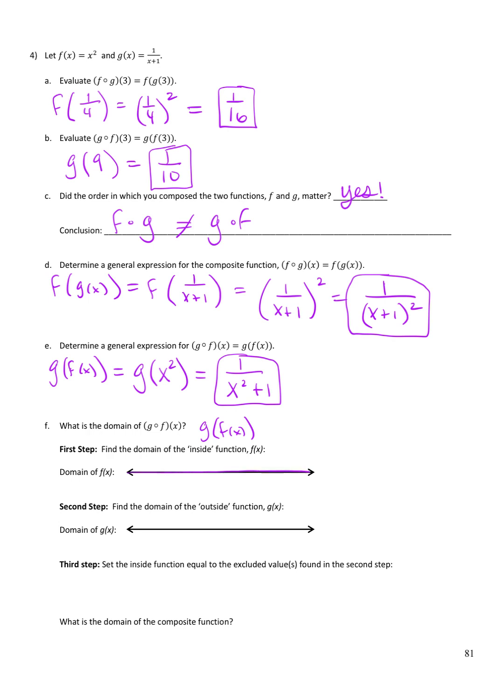So I'm just going to shade all of this. Okay, second step is find the domain of the outside function, g in this case. So g has a domain of all x's except -1, because you can't put a -1 in that denominator. So here's my -1. I put a big open circle there, but I shade everything else.